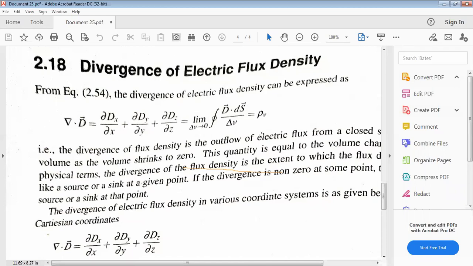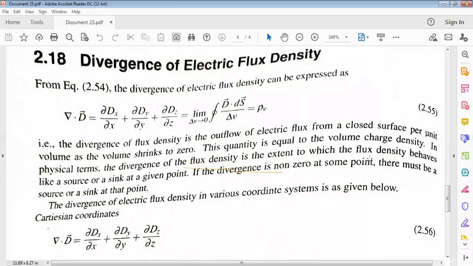The divergence of the flux density is the outflow of electric flux from the closed surface per unit volume, as the volume shrinks to zero. Simply, filling a balloon with air is the convergence, and leaving the air out of that balloon is the divergence. This quantity is equal to the volume charge density.